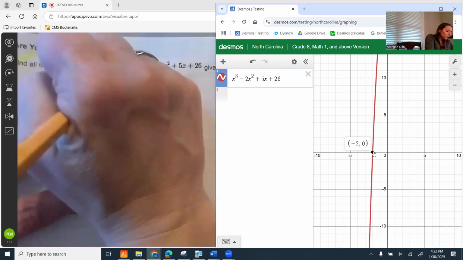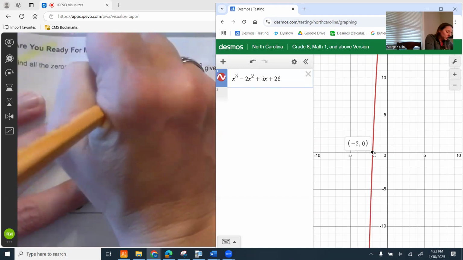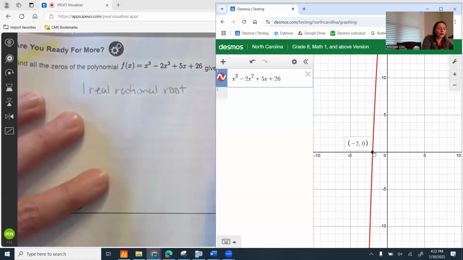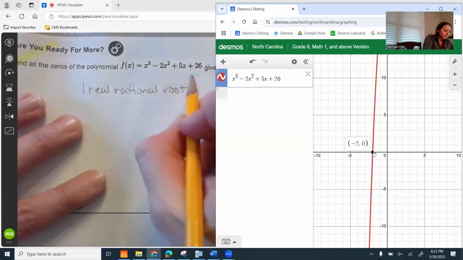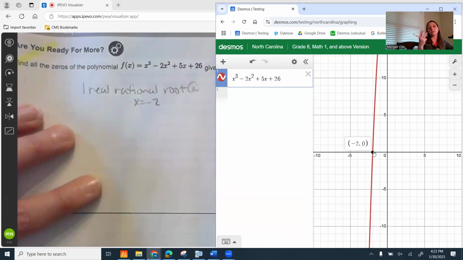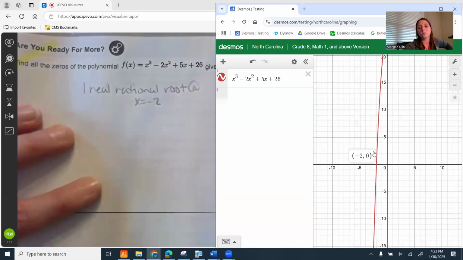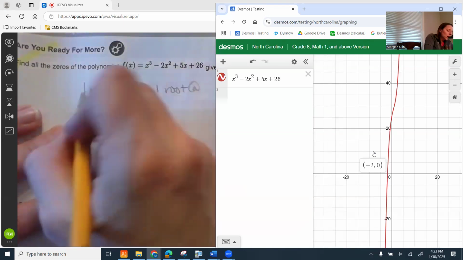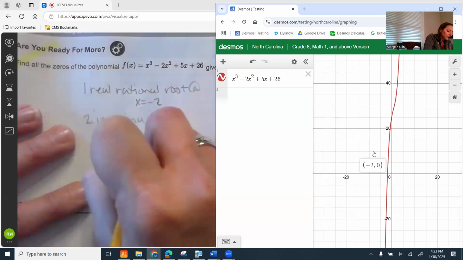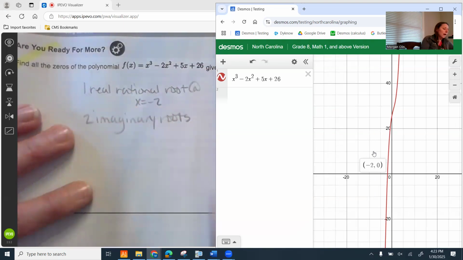So I have 1 real rational root at x equals -2. So if I'm supposed to have 3 roots in all, what do I know about the other 2? If it doesn't cross, and you can zoom in to make sure, and it doesn't, then they're 2 imaginary.